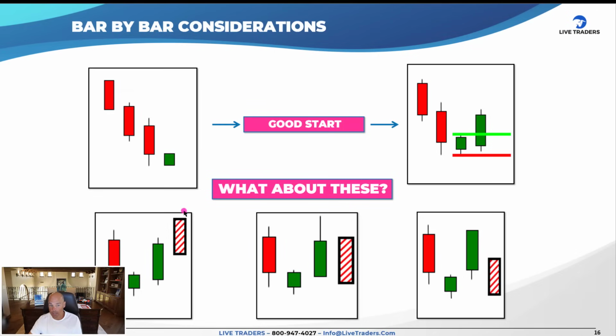This is the first kind of warning sign. What are we going to do about it? It's tough, isn't it? Are we going to do nothing? Are we going to get out of the trade? Are we going to maybe raise our stop loss up to the low of the bar? What are we going to do?